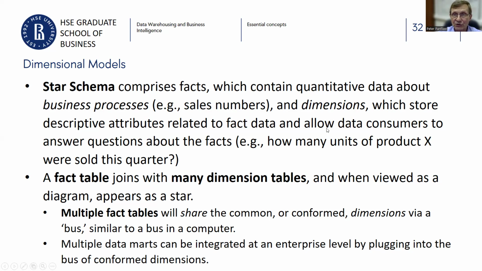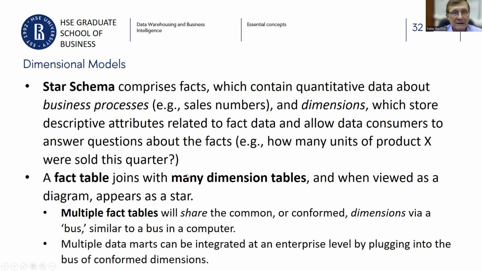And these dimensions allow data consumers to answer specific questions about those facts. So if you want to analyze sales, we have numbers about those sales and we have dimensions that can help us to better understand those numbers. And a BI application can use it to visualize or to generate some kind of reports. So this is important.